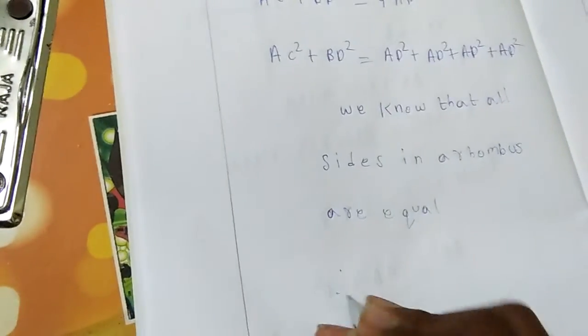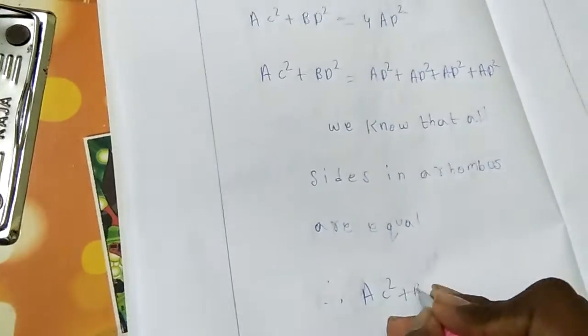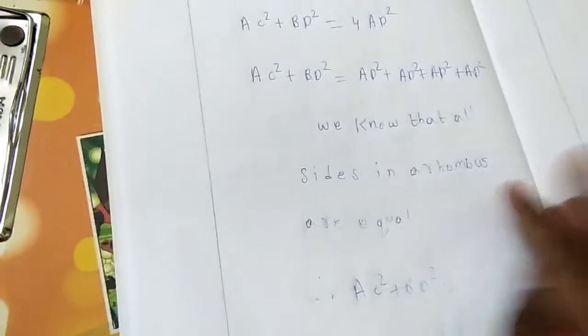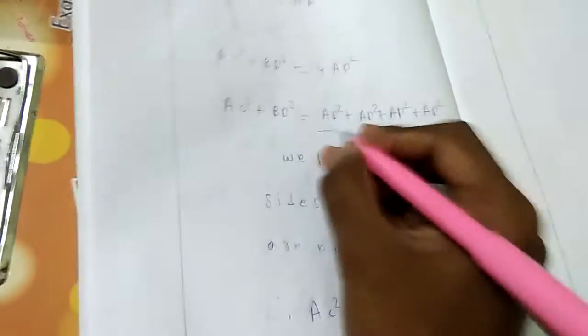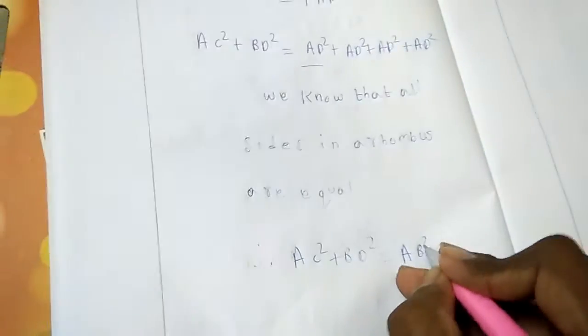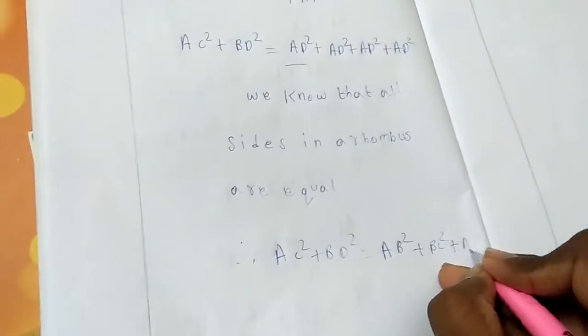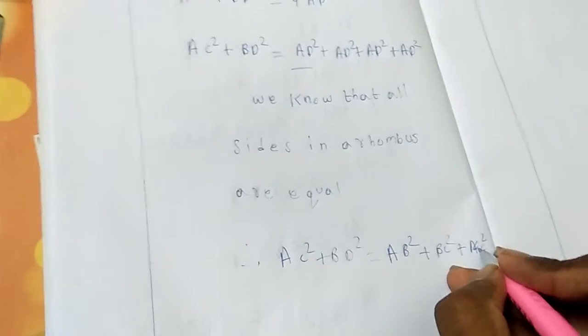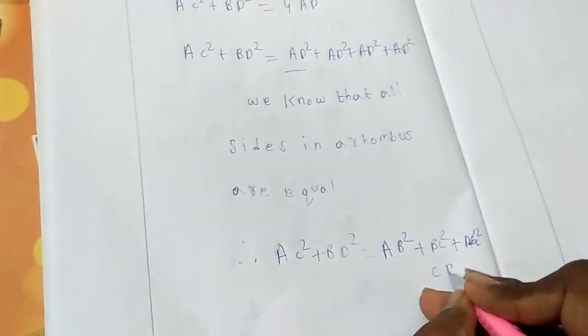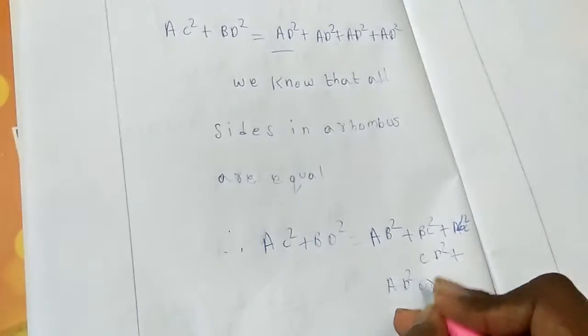Therefore we can write AC square plus BD square is equal to, in the place of these AD squares, I am going to write AB square plus BC square plus CD square plus DA square.